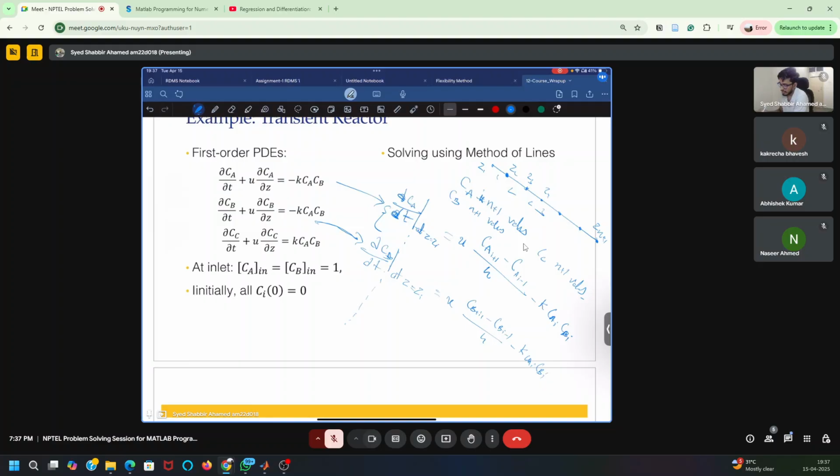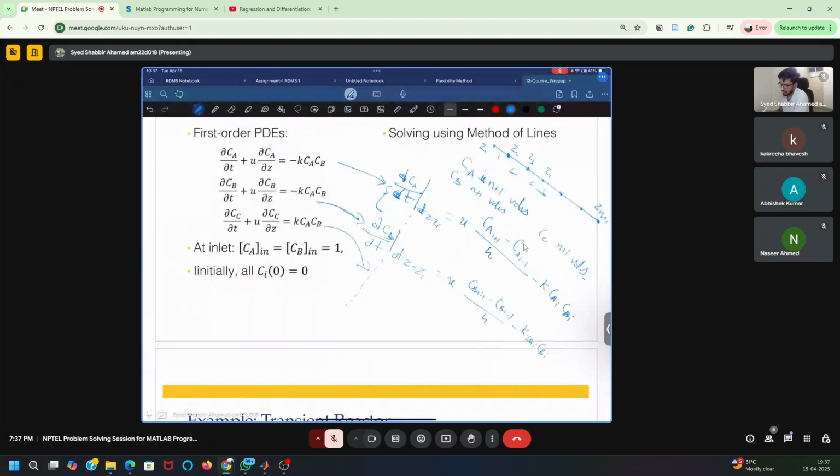So we take all these differential equations, from Z2 on: n equations here, n equations here, and for CC also you will have n equations.